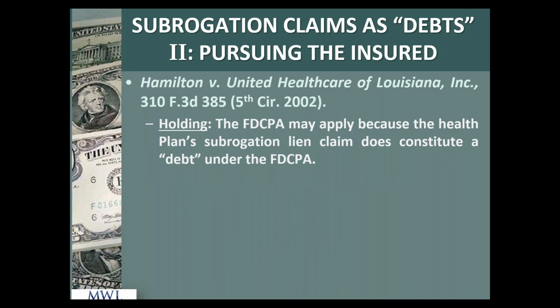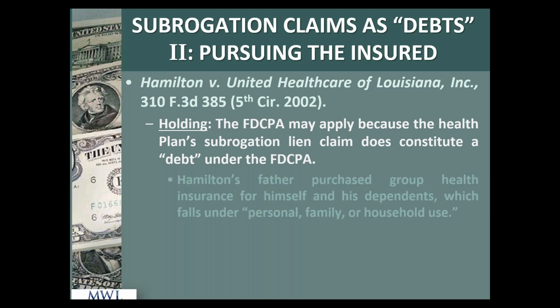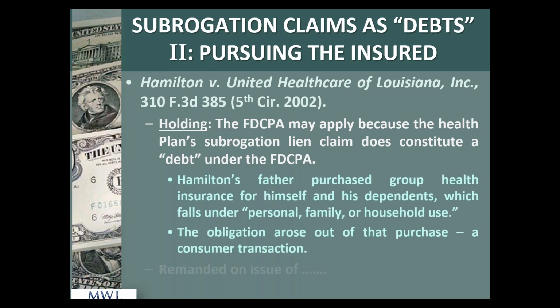So the court looked at it and said, well, this could be a debt. As a matter of fact, we do think it is a debt. And the reason is that the father purchased the group health insurance, which I assume came through payroll deduction. They didn't say whether or not it was an ERISA plan, but for the purposes of this, it's not entirely dispositive. But the health insurance is for personal, family, or household use.